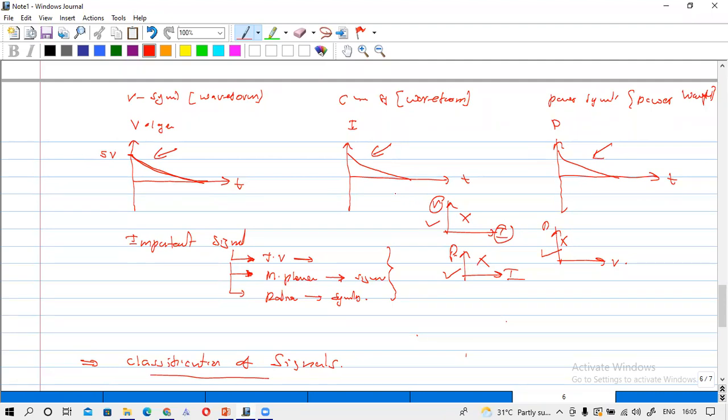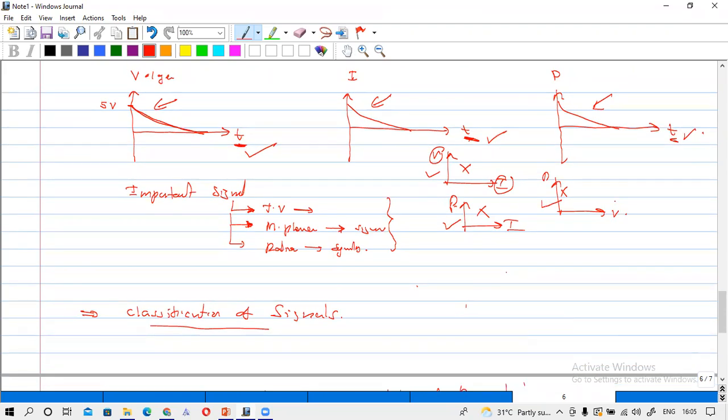We are only focusing on time changing signals, time change in these signals and frequency change in these signals. This time change in signals we normally refer to as a time domain signal.